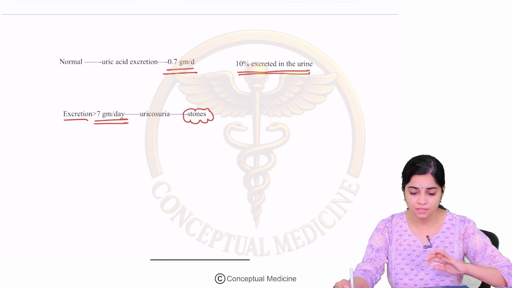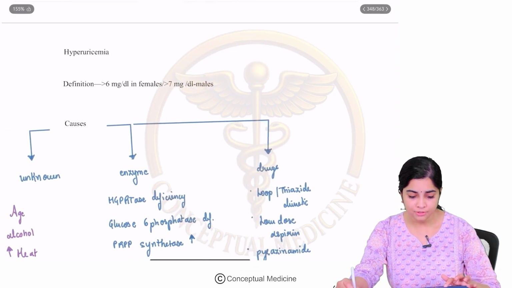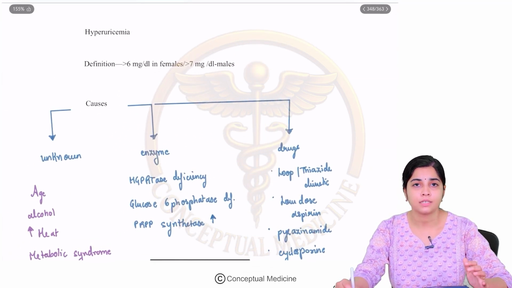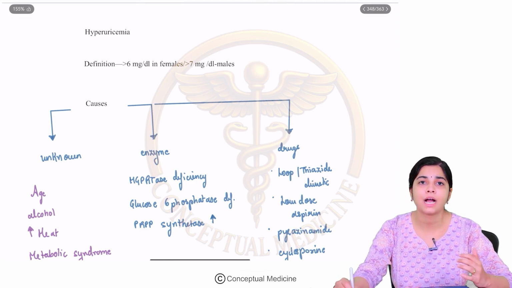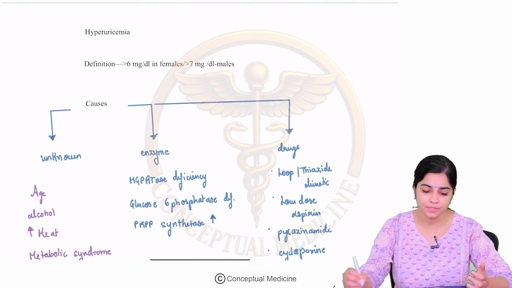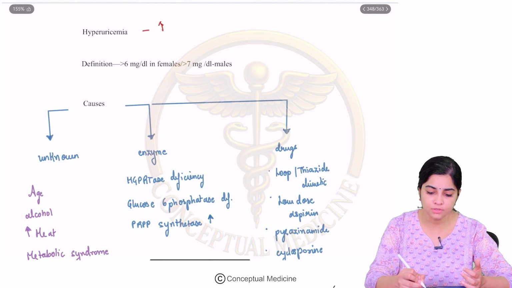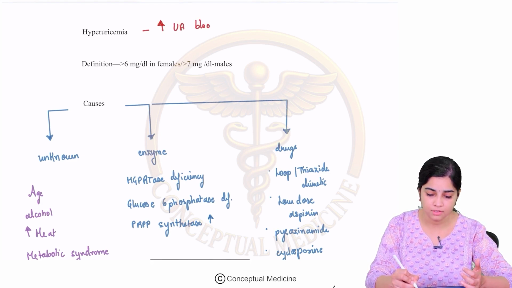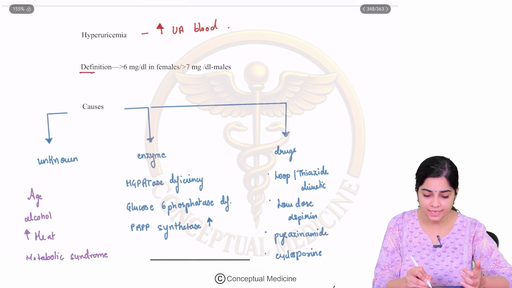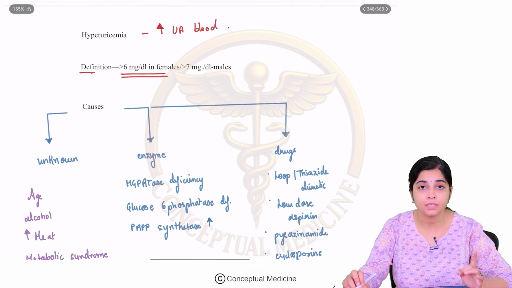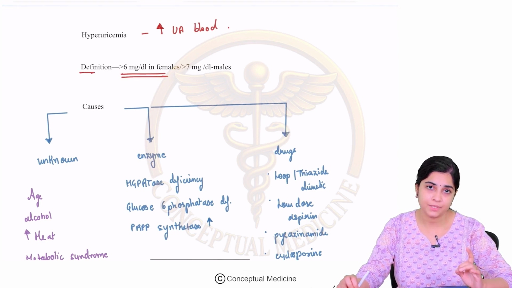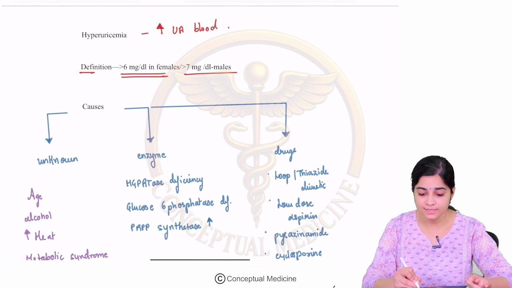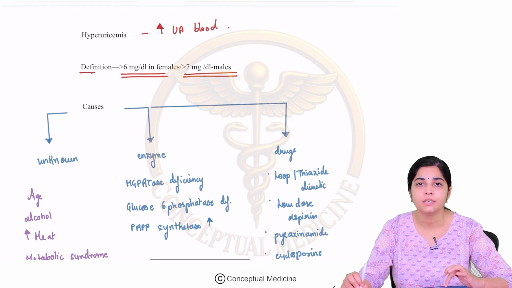Whenever we speak about gout, what we have to know is that this is a condition associated with hyperuricemia. Hyperuricemia basically refers to elevated levels of uric acid in the blood. This is defined as uric acid levels in the blood more than 6 mg per deciliter in females or more than 7 mg per deciliter in males.